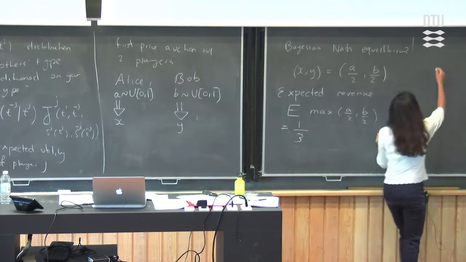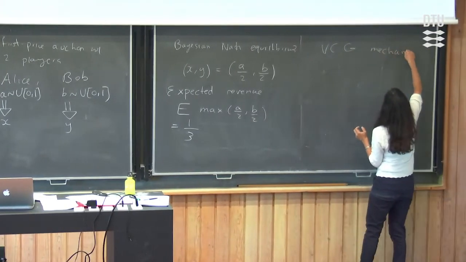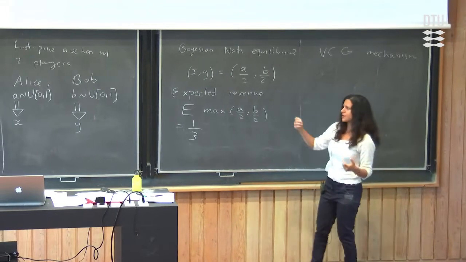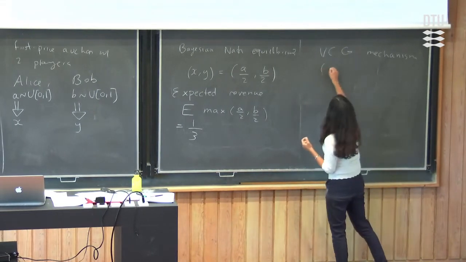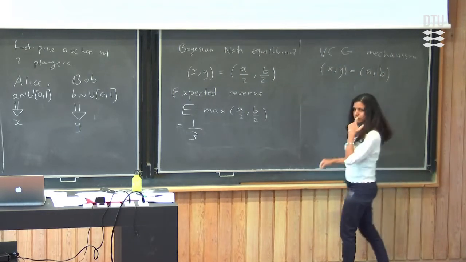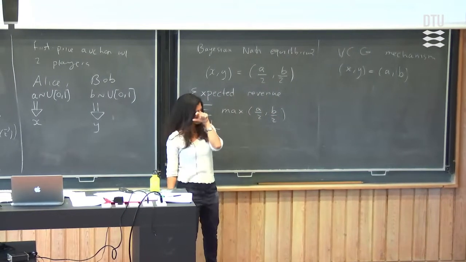Now, in the VCG mechanism, truthful bidding is a dominant strategy. It's a dominant strategy regardless of what other types are. So X, Y is A, B, because we bid truthfully. We don't have incentive to bid anything else.